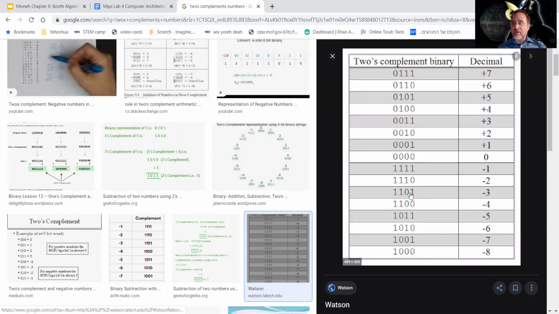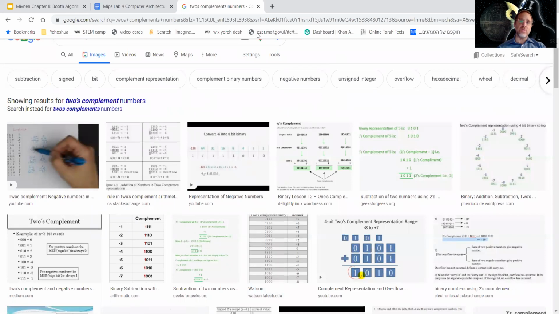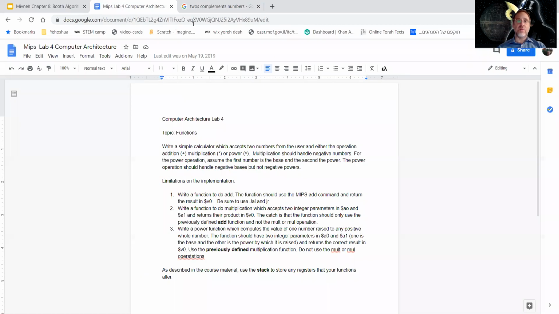Yeah, that's -3. So it actually does work. Maybe I'm not sure if it does. What I understood is that it doesn't always work, but maybe it does. Maybe it just works with -1. I don't know.